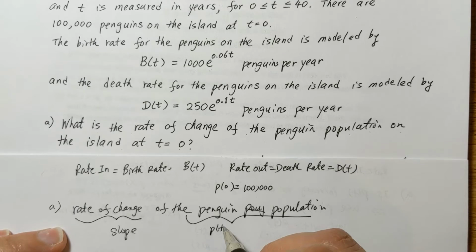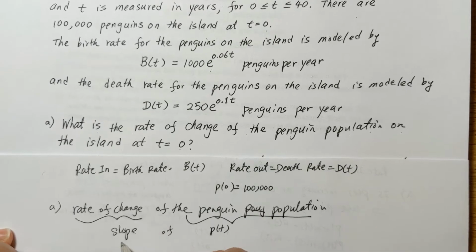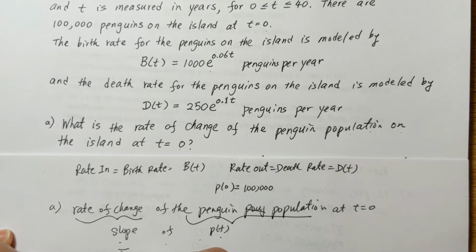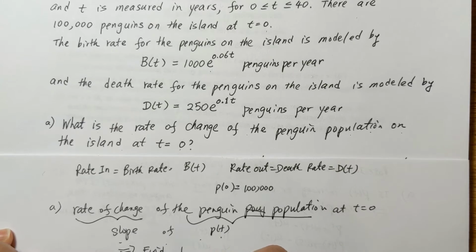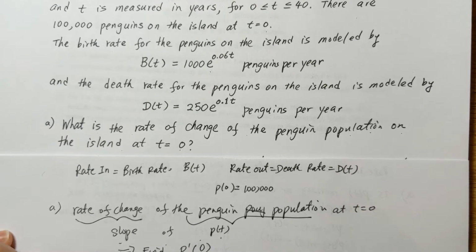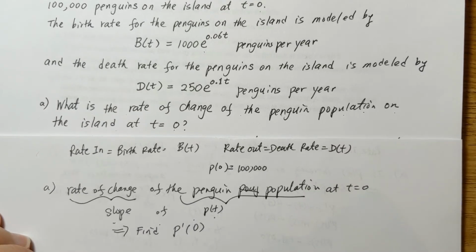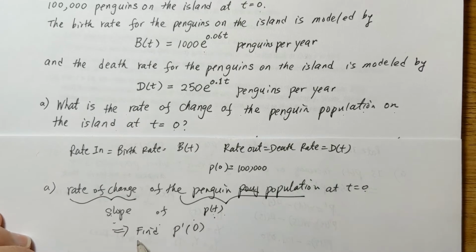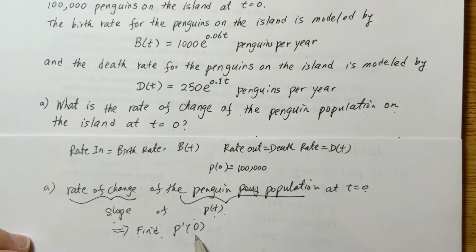Penguin population is P of t. So you basically find the slope of P of t at t equals 0. That means find P prime of 0.